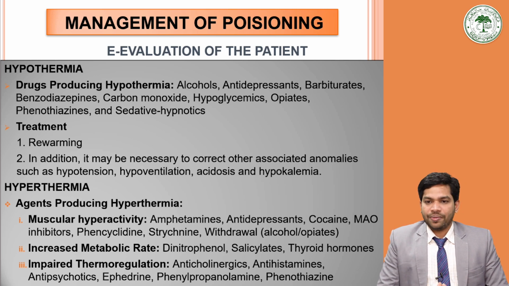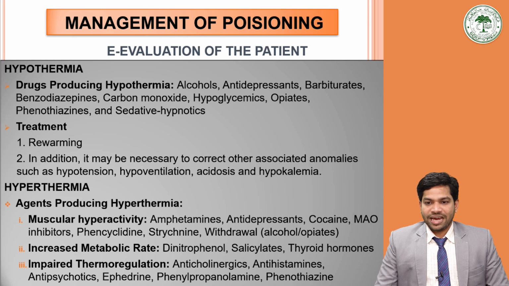Agents producing hyperthermia are classified based on the mechanism of action by which they produce it. The drugs that produce hyperthermia by muscular hyperactivity are the amphetamines, antidepressants, cocaine, MAO inhibitors, phencyclidine, strychnine, and withdrawal of opiates and alcohols.